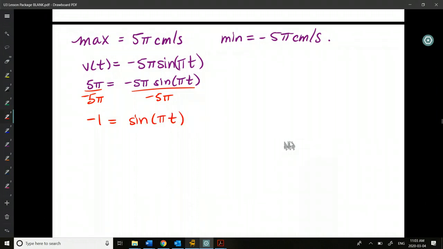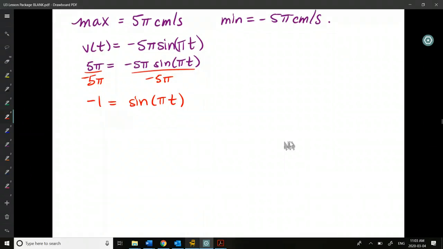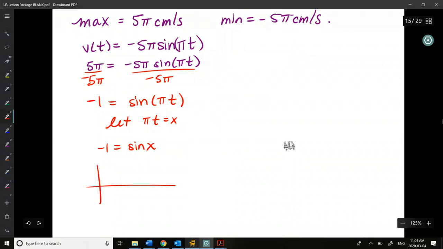So you're going to see that we end up with some of the same values here. If you do a little let statement, we're solving for where sine of x is equal to negative 1. So you still kind of have to go through the same solving process, either method that you use. Where does sine equal negative 1?